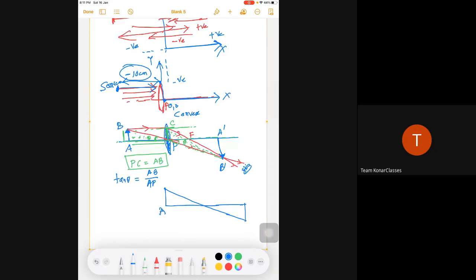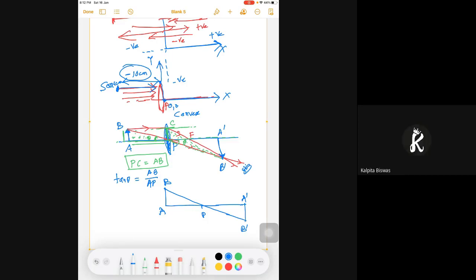This is A, this is B, this point is P. Here this is A dash, this is B dash. Is it okay now? Yes, sir.